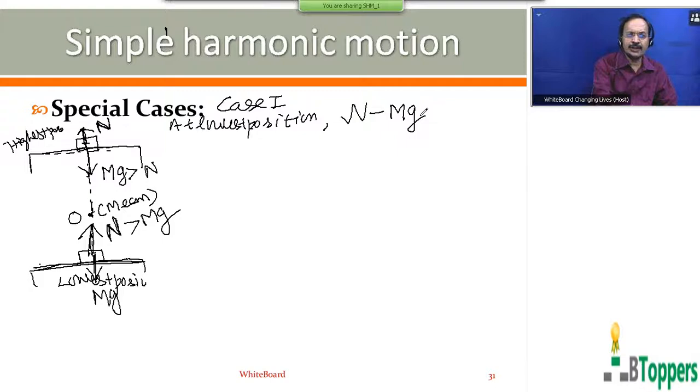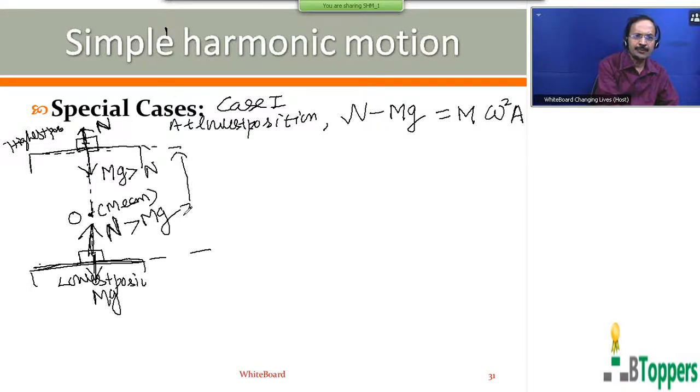From Newton's second law, magnitude of the resultant force must be equal to product of its mass and magnitude of its acceleration. So the magnitude of the acceleration is given by omega square into magnitude of the displacement at each extreme position. The magnitude of the displacement equals the displacement amplitude. Here A is the displacement amplitude. That means distance between the two extreme positions equals twice the displacement amplitude.